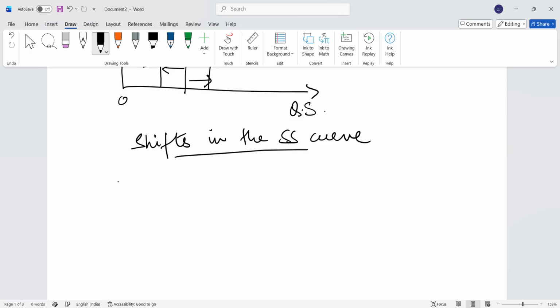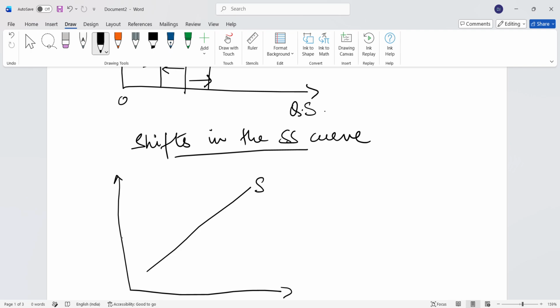Then you have the shifts in the supply curve. Shifts in the supply curve, just like the demand, are given by all the other factors except price, because we are keeping price constant. So we are saying that now the supply is not affected by the price, but is affected by any other factor but price.